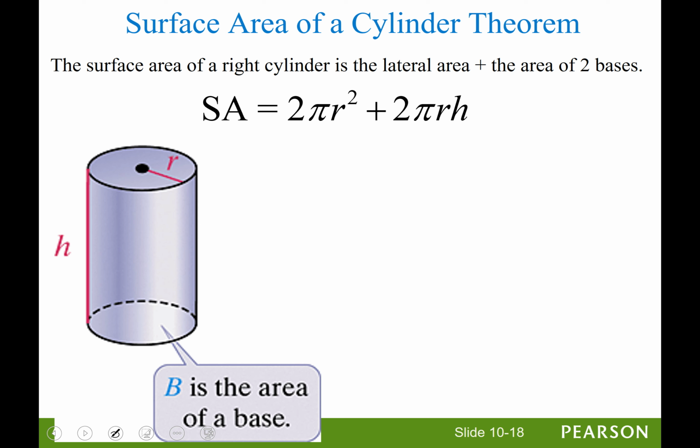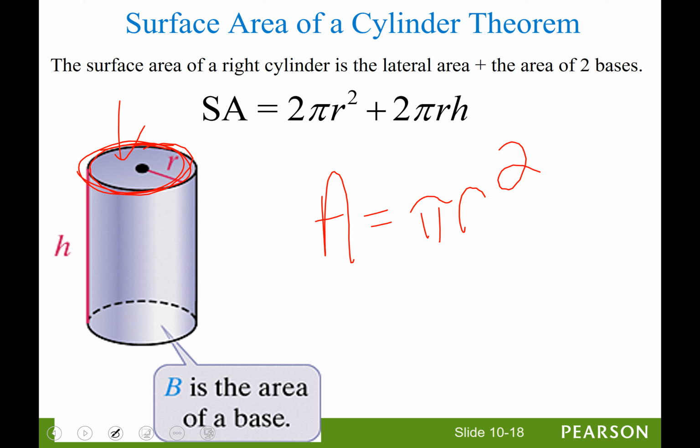To find the surface area of a cylinder, we've got to apply our formulas involving pi, because the base is a circle, and we know that area and circumference of a circle involves pi. Let's pretend this is our base. If I were to ask you, what's the area of that circle, you would say, the area of a circle is pi r squared. And what's the perimeter of that circle? We wouldn't actually use the word perimeter when we're talking about a circle.